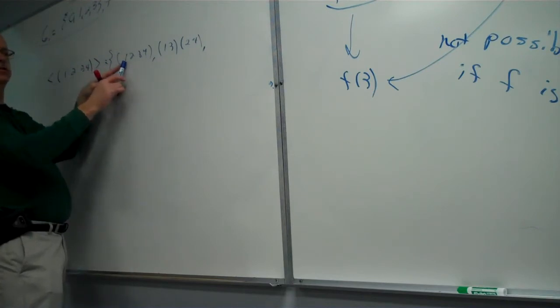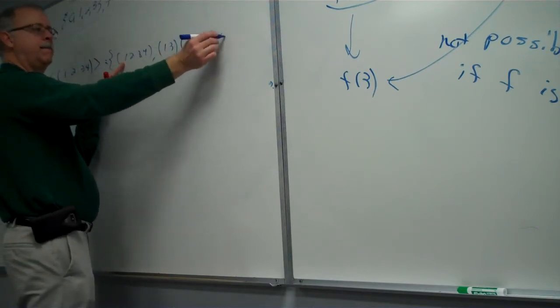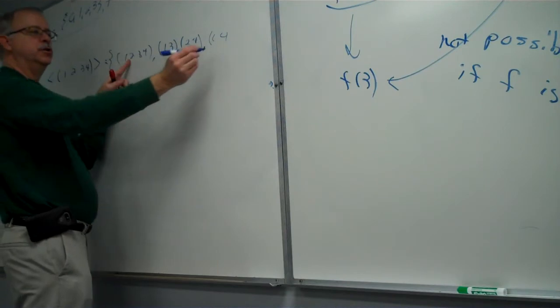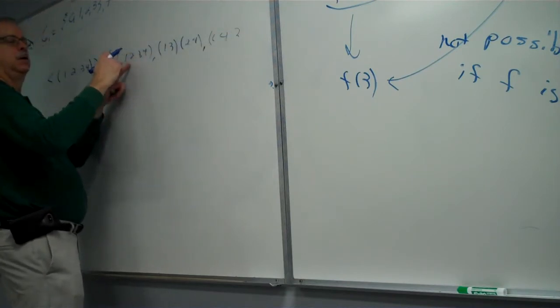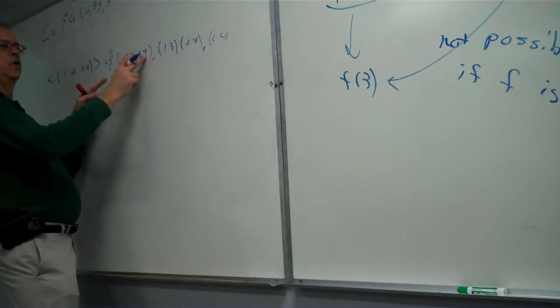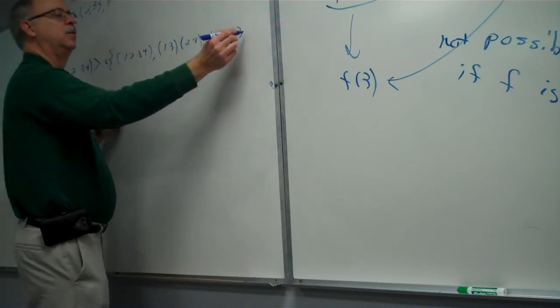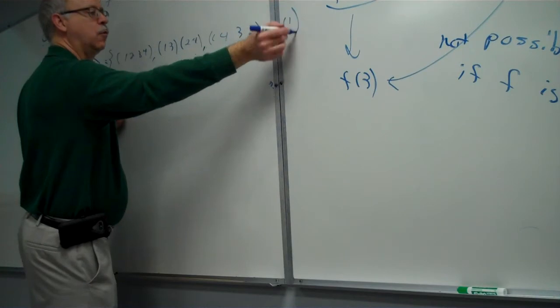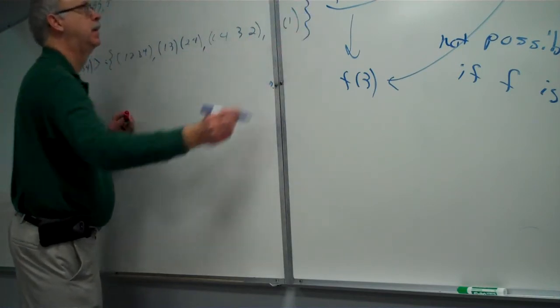If we cube this, 1 goes to 4, which goes to 2. No. 4 goes to 3, which goes to 2. And if we do it 4 times, we're back to the identity.